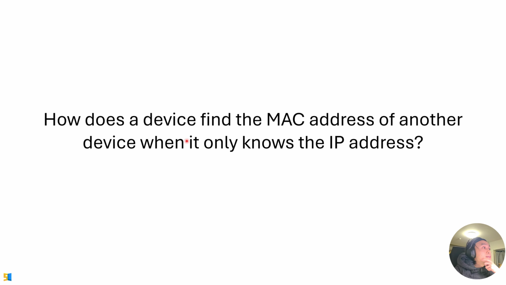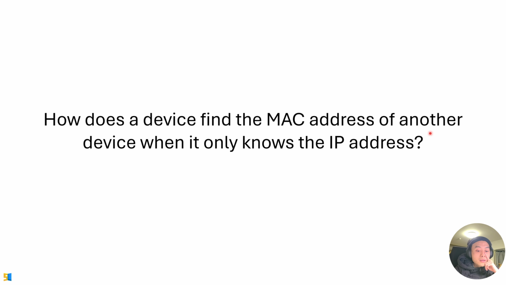How does a device find the MAC address of another device when it only knows the IP address? In layer 2, we have the data link layer, and the data link layer is mainly for same-network communications. For doing that, we need the MAC address of the next destination, right?